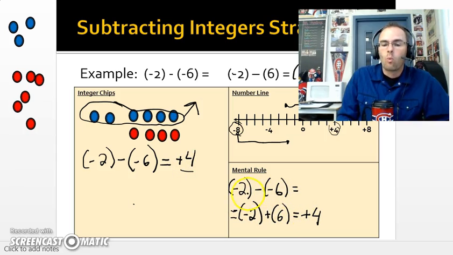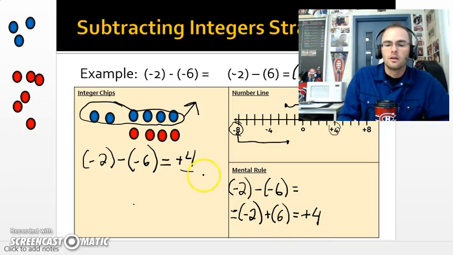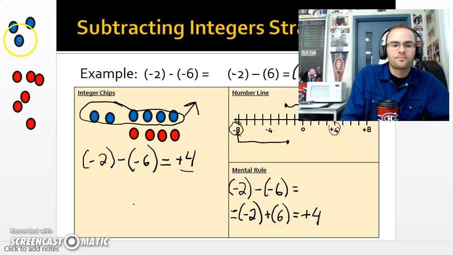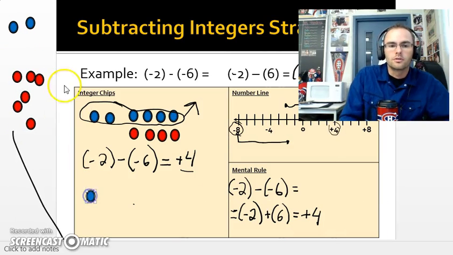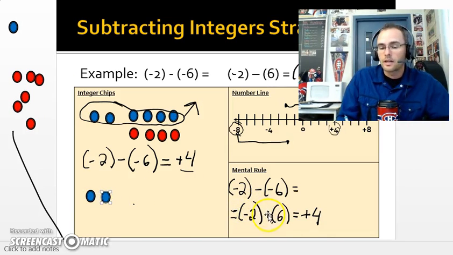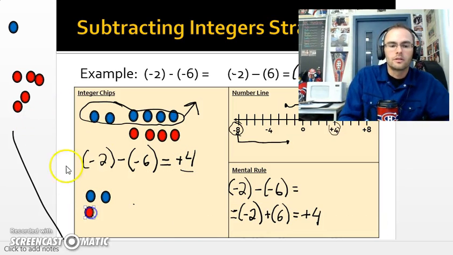Now, to explain why this works, I'm going to go back and show you how this equals positive 4 using the chips again. So I take negative 2. Negative 2, 1, 2. And going back to the adding rules, I have to add 6. 1, 2, 3, 4.